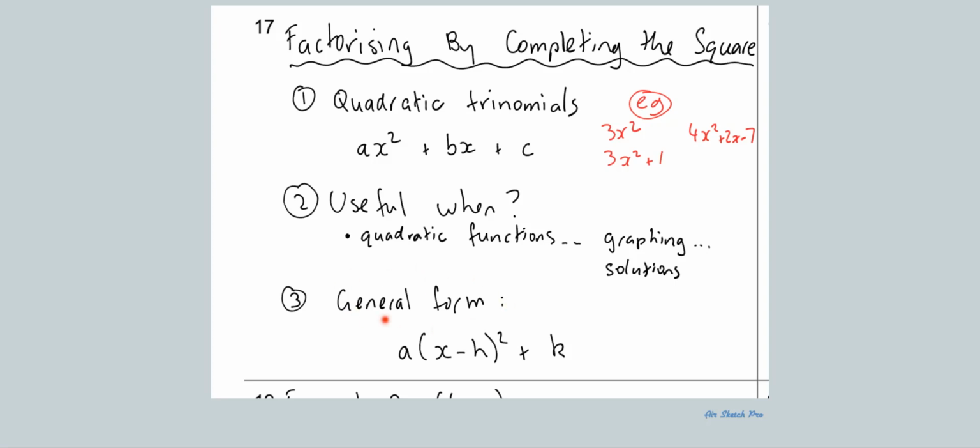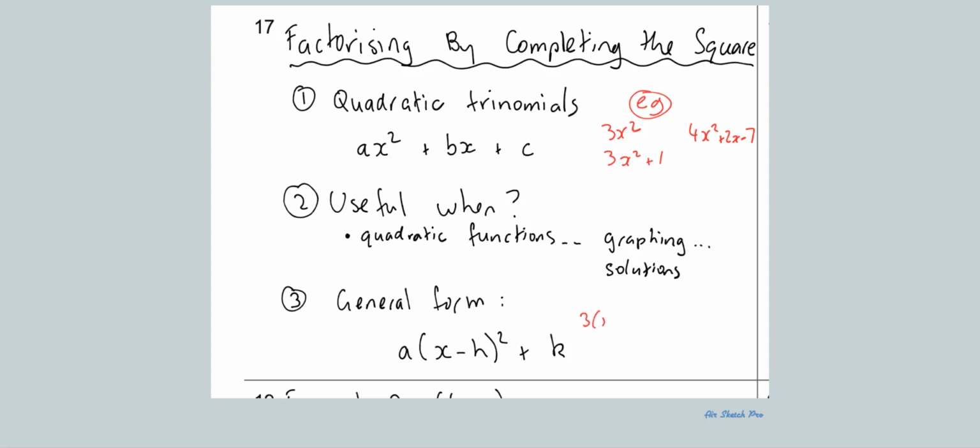In terms of the general form, what it looks like after we've completed the square is something like this: a multiplied by, and then inside we've got x minus h, squared. That's just a general form. If h was negative, for example, then that would be an x plus h. And then we've got a value outside, and that value could be 0, so it might not be there, but it kind of is, if you know what I mean.